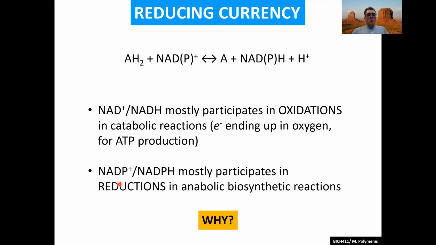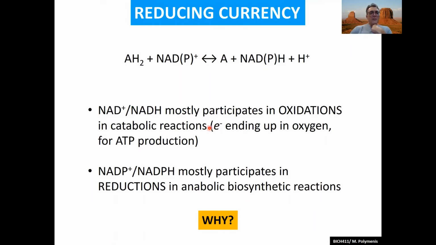So NADPH tends to be oxidized itself. It participates in the reductions and is used in anabolic biosynthesis. When you want to make big things, you use NADPH. You don't use NADH for the most part. There are some exceptions.